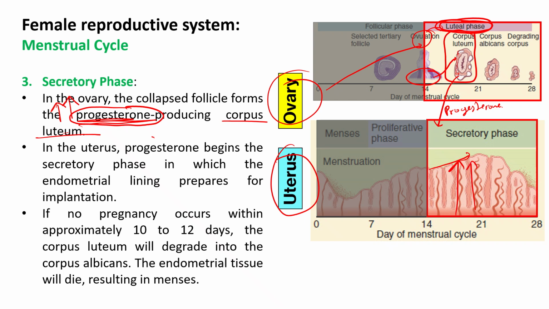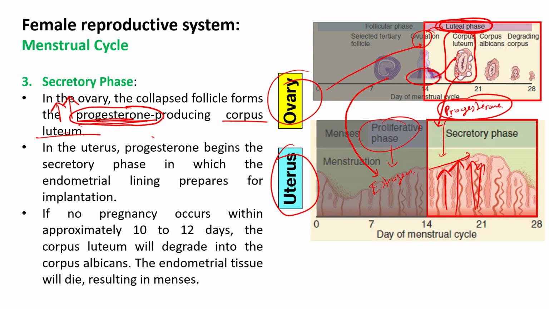So it's the increase in progesterone that now makes the endometrium grow even more. Initially, in the proliferative phase, we learned that estrogen, the hormone produced by the tertiary follicle, is the one that stimulates the endometrium to grow. After ovulation, there's a switch between estrogen and progesterone. Now the main hormone is progesterone, and this progesterone stimulates even more growth of the endometrium.